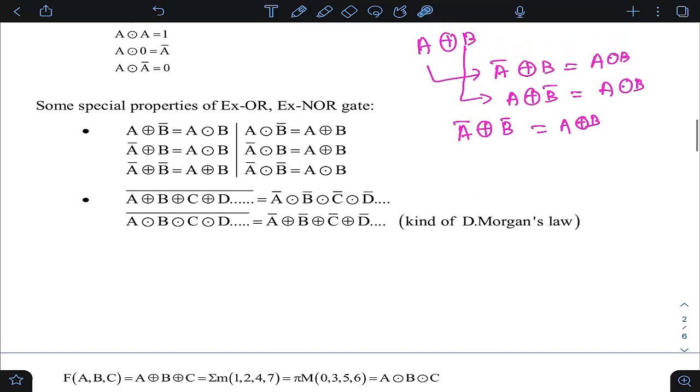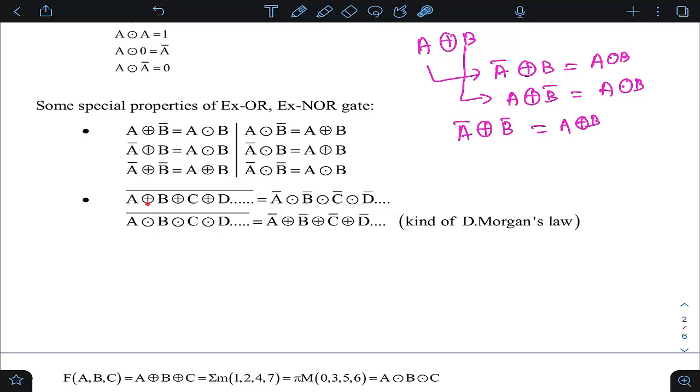Okay. Next thing, students, is whenever I have some operations regarding XOR and XNOR, I have to find the complements. De Morgan's law we have studied in Boolean algebra. But this is not exactly De Morgan's law. You can think of it as something similar to De Morgan's law. Whenever you have an XOR operation like this and you have a complement, if you want to remove this complement, you do the same thing. That is, you complement every variable and replace the plus by dots.